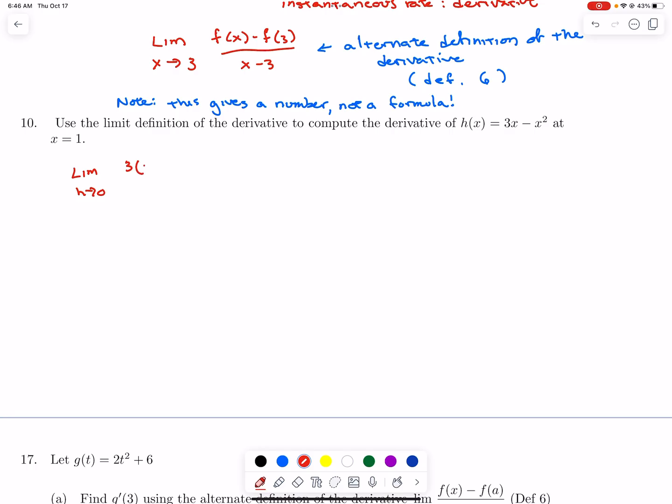f of x plus h minus f of x. Subtract properly. Put a little note.